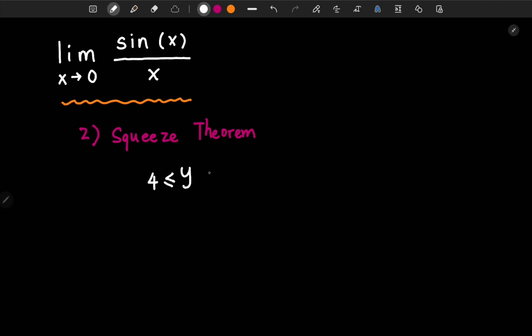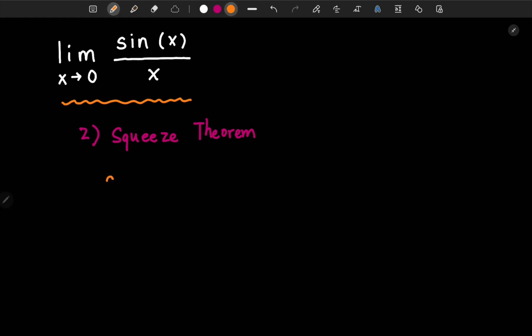And we also know y is smaller than or equal to 4. Then what is y going to be? Y has to be equal to 4, because otherwise we couldn't satisfy both inequalities simultaneously. Now let's see how to use the squeeze theorem in our question.